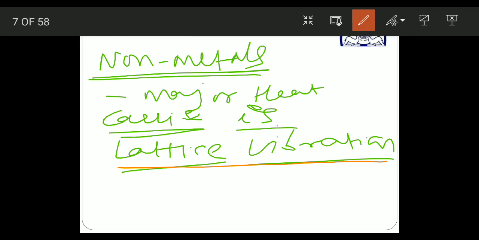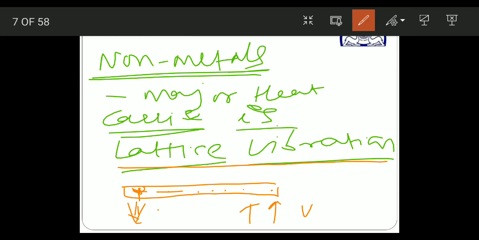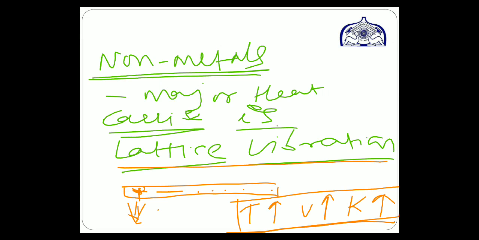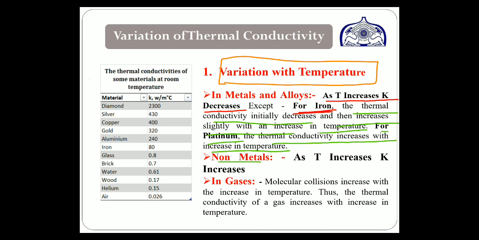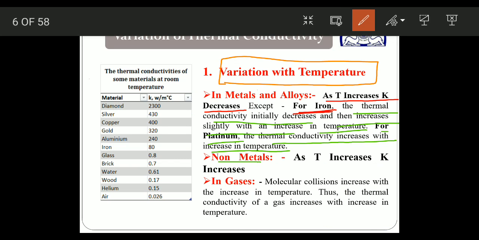If we heat a non-metal at one end, the vibrations get increased due to the increase in temperature, and there are no free electrons, so no disturbance is created. As temperature increases, vibration increases, and that's why thermal conductivity goes on increasing in non-metals. Remember this. So this is the case in non-metals.